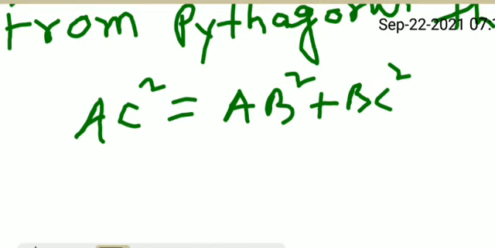So AC square equals AB square plus BC square. This is what we have known from Pythagoras theorem.